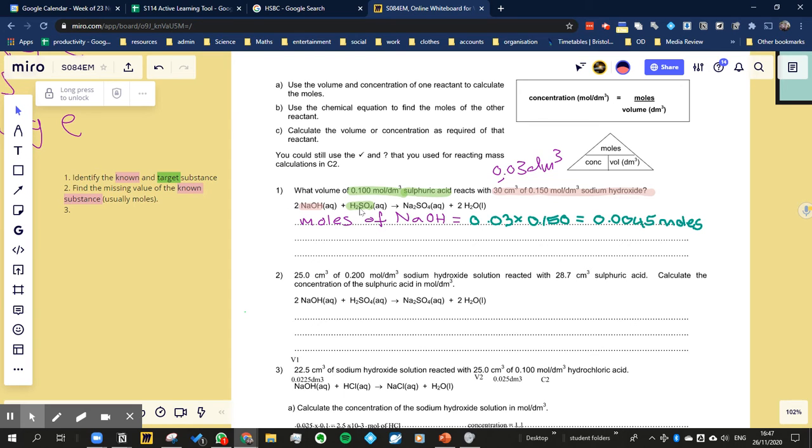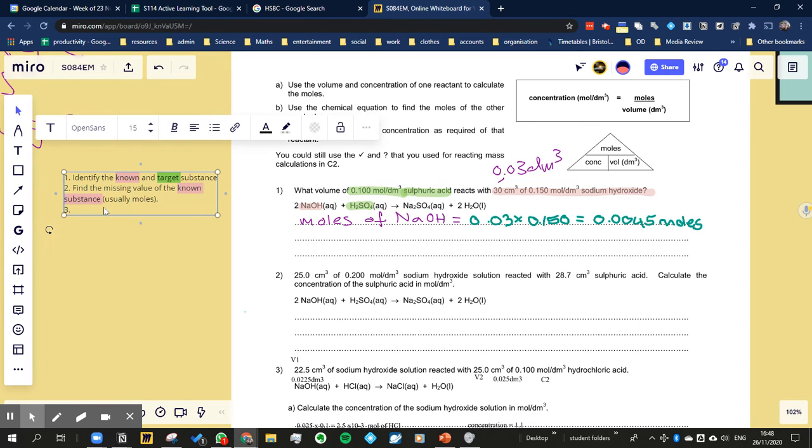I've identified the ratio, but really we don't have to do that at that stage. In any case, I did it at the beginning. We then used the volume and the concentration to identify the number of moles. So that's stage 2. Find the missing value of the known substance. It's usually moles, just like in this one here.